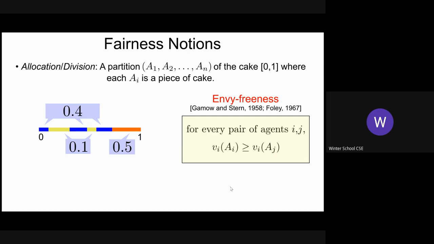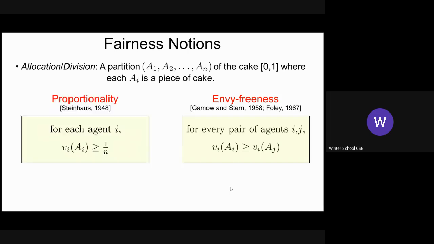Exactly. If I'm the blue agent, I have a value of 0.4 for what I have. But if you're the orange agent, I want your piece. Your piece is of higher value for me, so I would rather have your piece than mine. And so this is not an envy-free allocation, because I have a desire to switch with you.